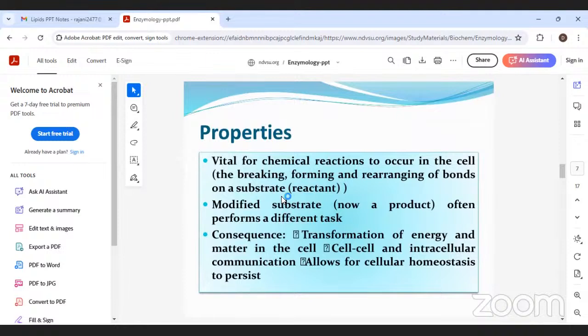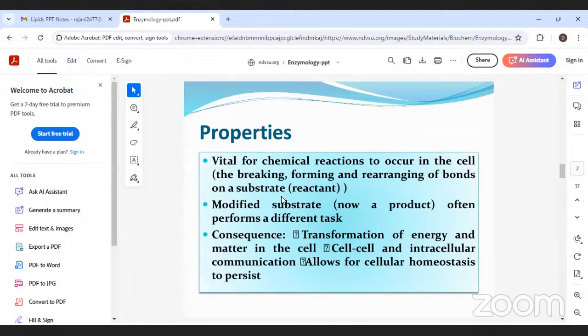Enzymes play a vital role for chemical reactions to occur in the cell. All chemical reactions in the cell are controlled by enzymes. The breaking, forming, and rearranging of bonds on the substrate, that is the reactant, modifies it. The modified substrate, now a product, often performs a different task.